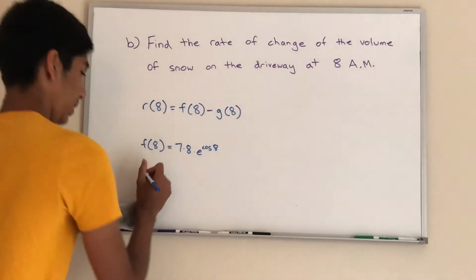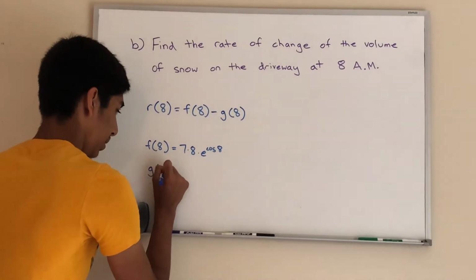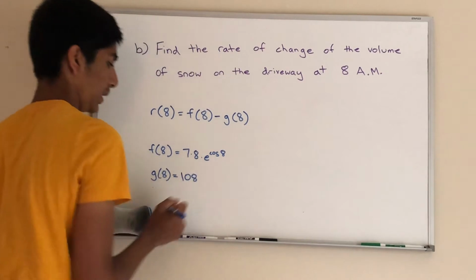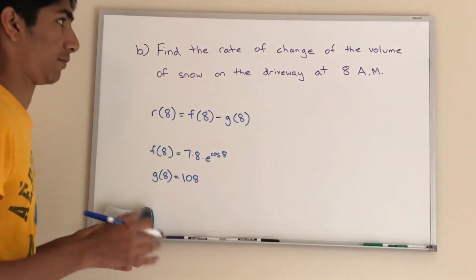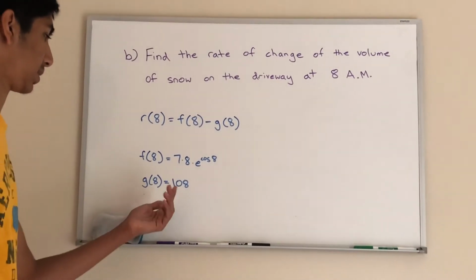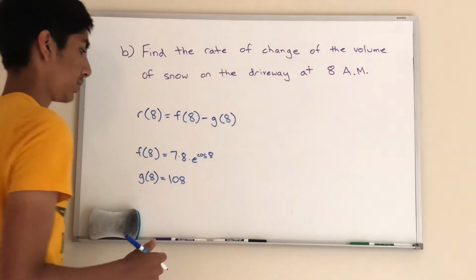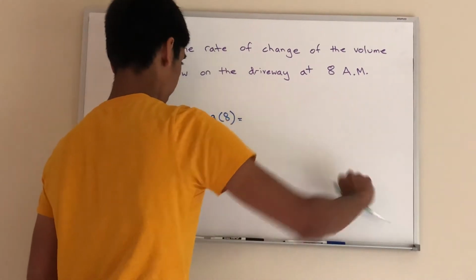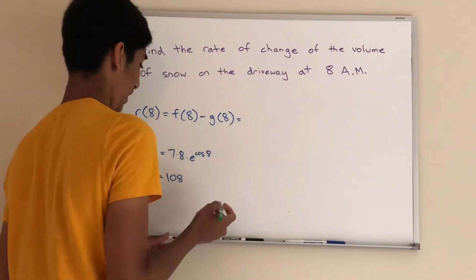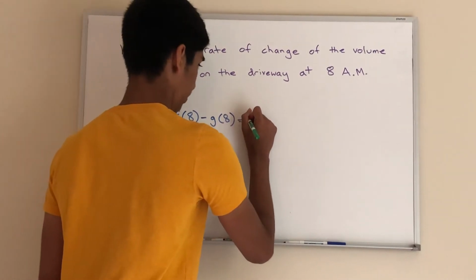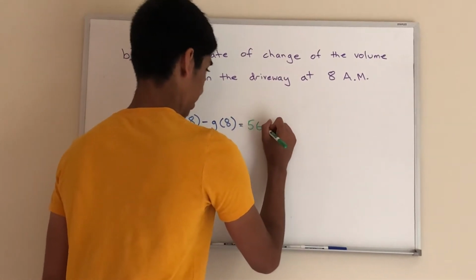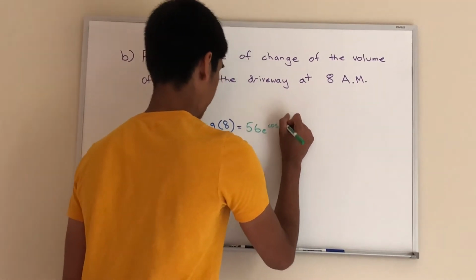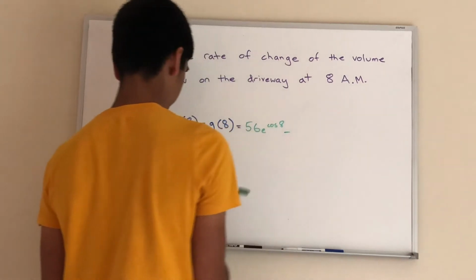And then we already know that g(8) is going to equal 108, because 8 falls in the interval from 7 to 9, and the piecewise function tells us that the rate is going to be 108. So now we just have to subtract these. So r(8) is going to be equal to 56e^(cos 8) minus g(8), which we know is 108.